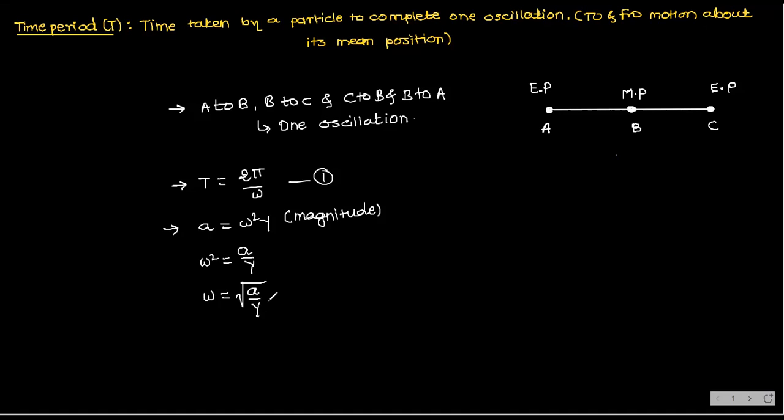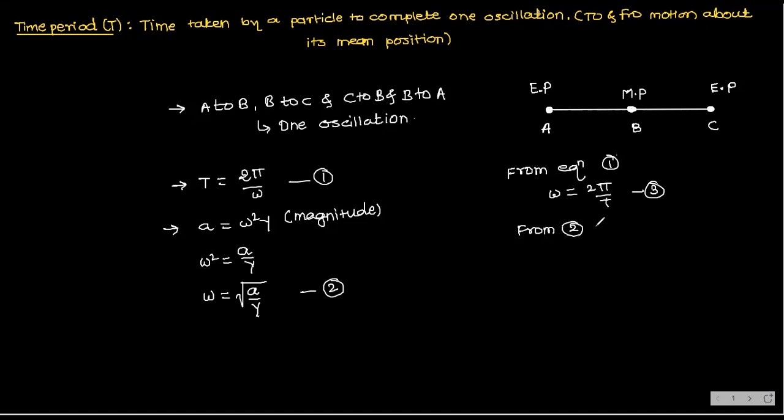Under root A by y. Okay, got it. Let us suppose this is equation number 2. Now see here, from equation 1, can I write like this? Omega is equal to 2 pi by T. Yes, this is your equation number 3. Now from 2 and 3.